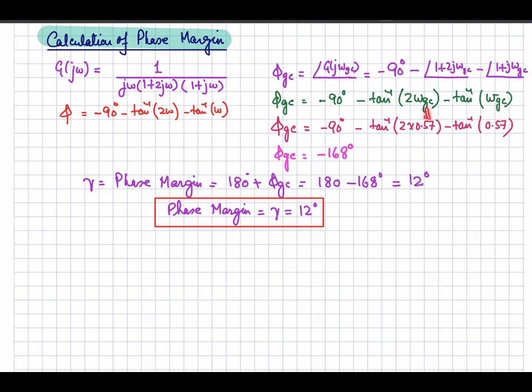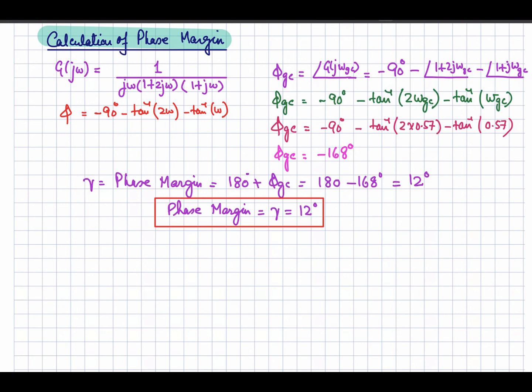So the gain crossover frequency is known, just place the values and simplify. So the gain crossover phase is minus 168 degree. So how to find out the phase margin? Phase margin is equal to 180 degree plus the phase at the gain crossover frequency. So this is going to give you 12 degrees. So you have the phase margin of 12 degree for this transfer function.